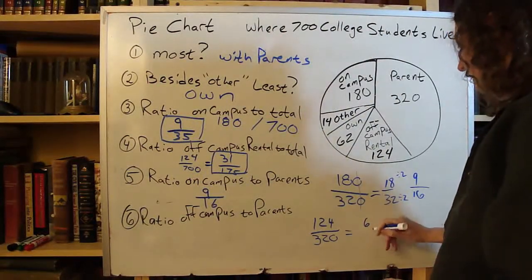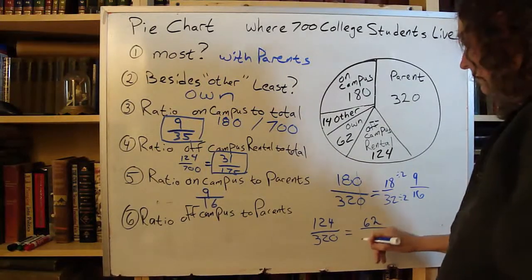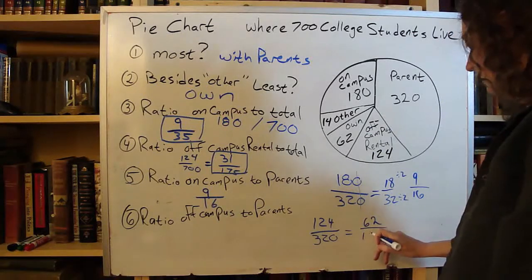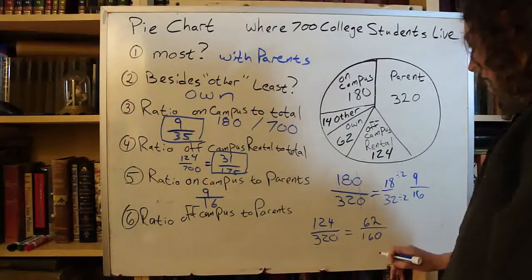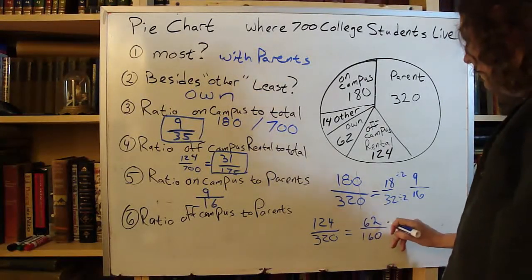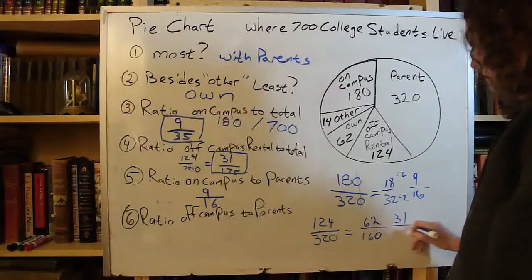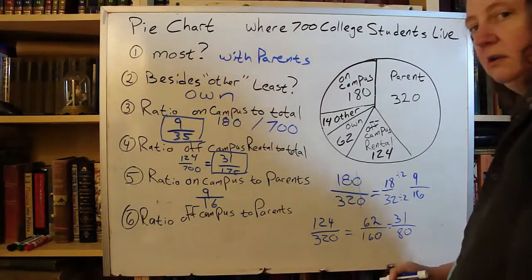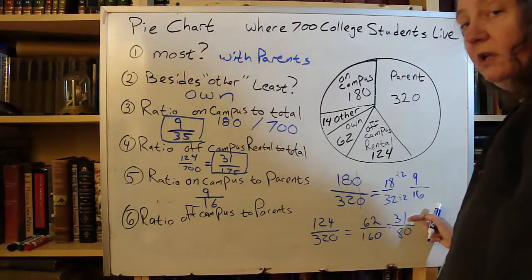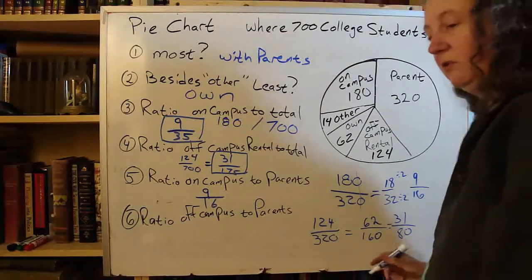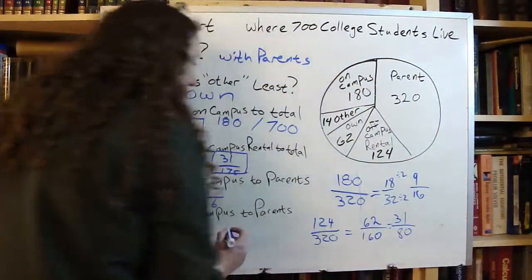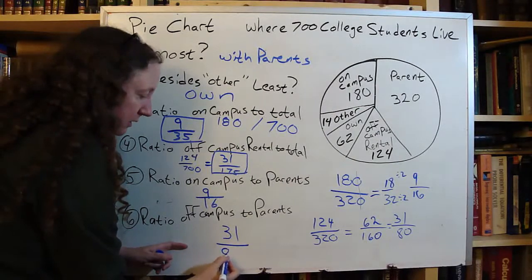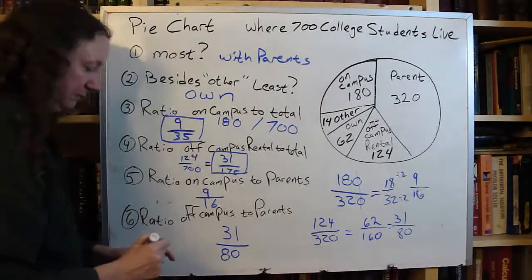That gives me 62 over 160. Divide by 2 again, gives me 31 over 80. And again, that 31 is a prime number, so I can't reduce it any further. So now I have my answer over here, 31 over 80.